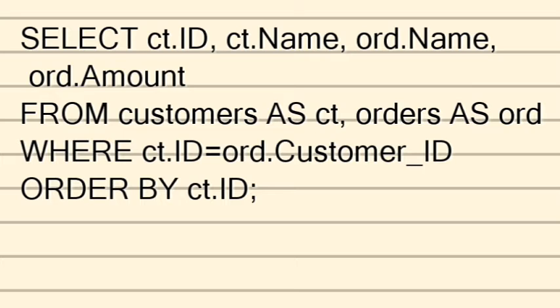It's another way through which we can write whenever we are using joins. Instead of writing the whole table name, we just use ct for customers or ord for orders. For that we use the keyword as, which tells SQL to use this custom name.